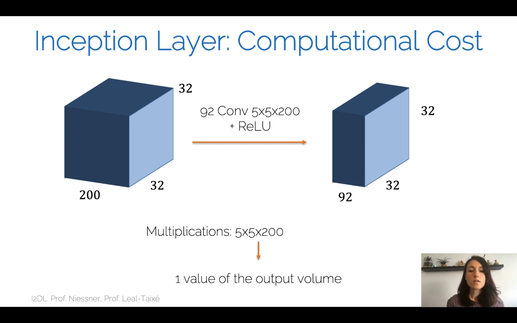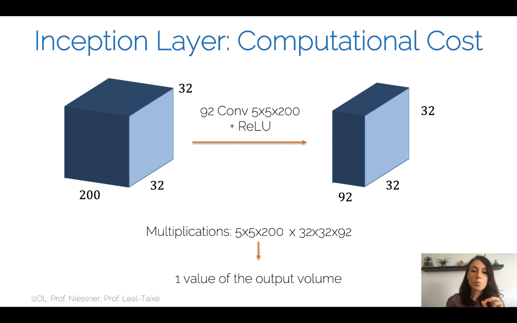Now, of course, this is just one value of the output volume, right? Only one of the 32 by 32 by 92. There's only one value being created with this number of multiplications. So now we have to multiply it by the actual output volume in order to recreate the values for all of the output.